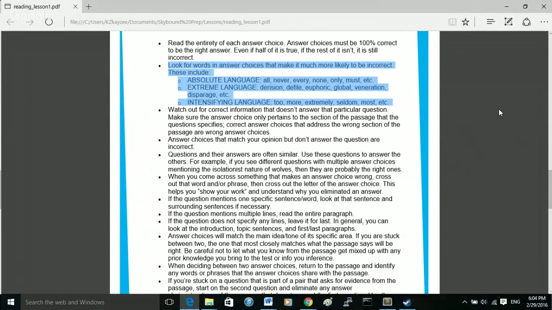Extreme language, like derision, defile, euphoric, global veneration, etc. And intensifying language, such as too, more, extremely, seldom, and most. So if the passage says some people have this characteristic, and the answer choice says all of the people have this characteristic, then that answer choice is wrong because it emphasizes all the people, so it's not correct.